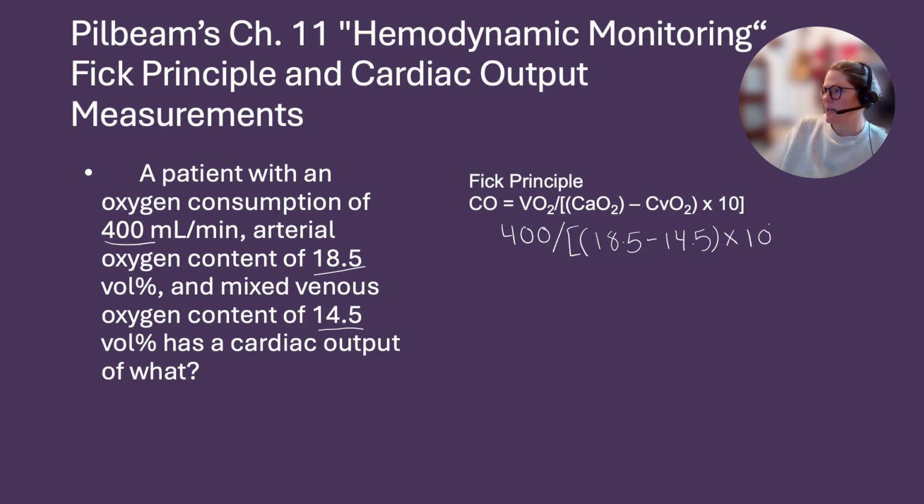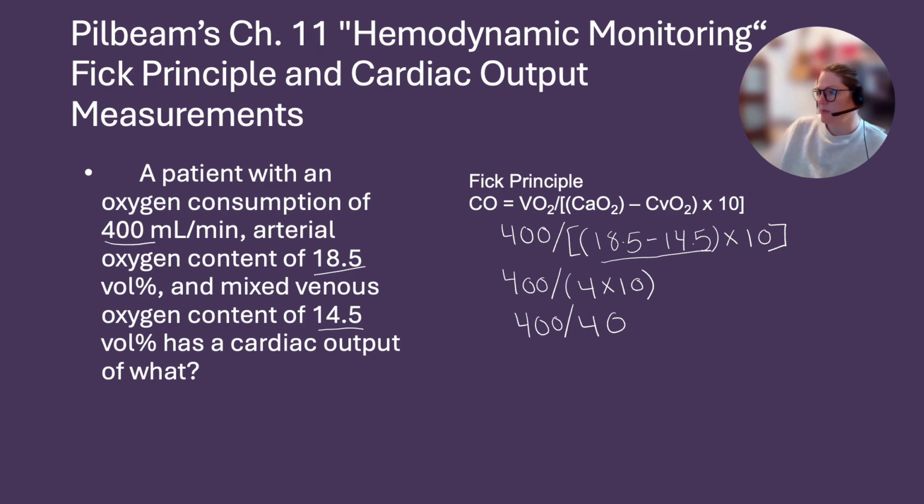Multiply that by 10. So 18.5 minus 14.5, that's going to be 4. And then we'll multiply that by 10. 4 times 10 is 40. Just working left to right, bringing stuff down as we go.